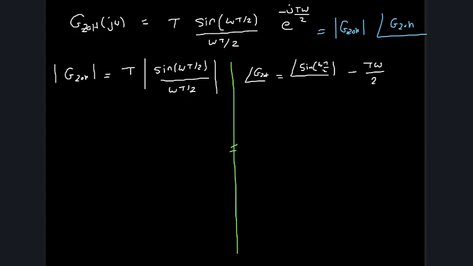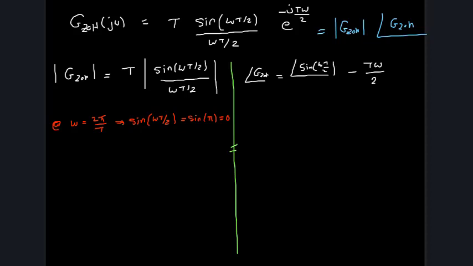So now at omega equal 2 pi over T, the sampling frequency, the sine of omega T over 2 will equal sine of pi, which equals 0.